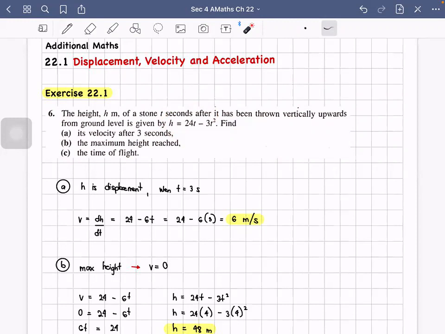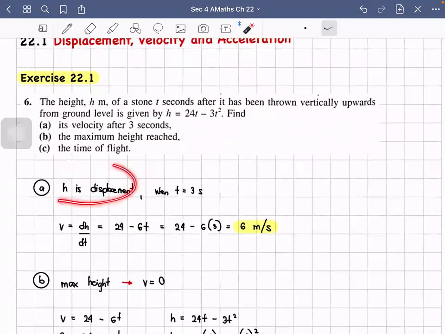So the first question is, let's find its velocity after 3 seconds. For letter A, again, h is displacement because it left your hand, or maybe it left the ground and went up in the air. So the question here is when t is equal to 3 seconds.